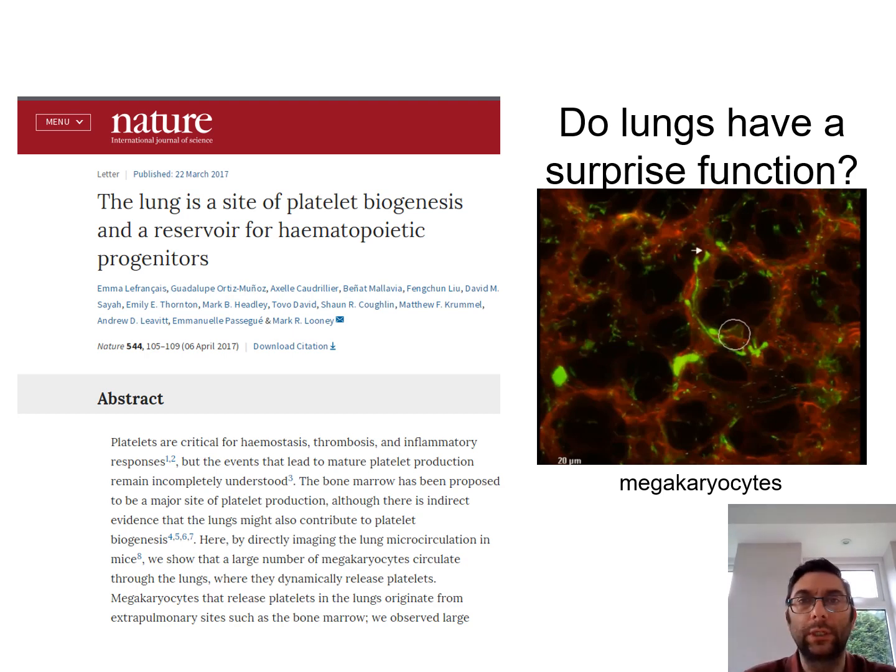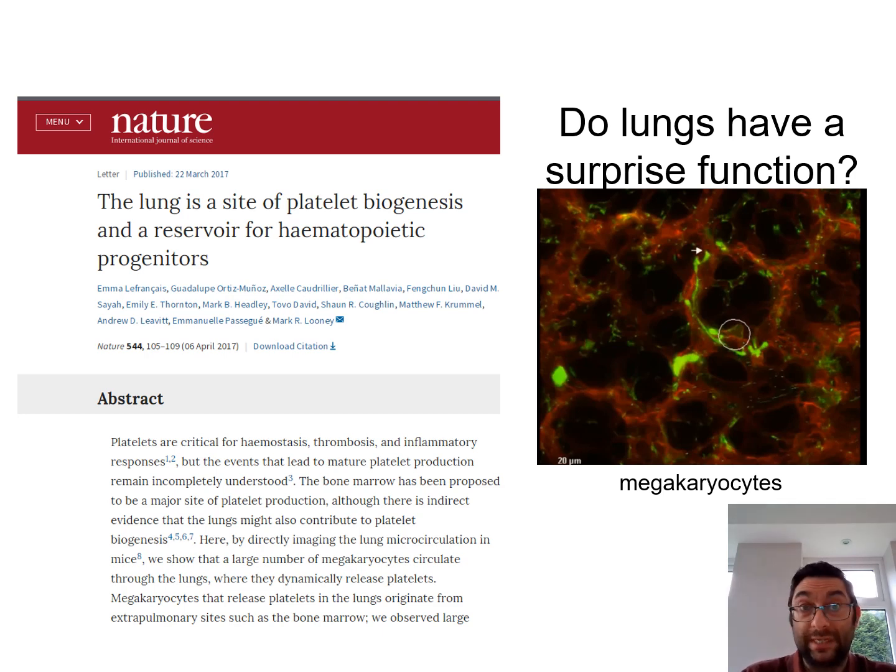And until recently, it was believed that these were predominantly produced by the bone marrow in a process called hematopoiesis. However, a 2017 study from the University of California, San Francisco, found that more than half of the megakaryocytes, so these are the cells that produce the platelets, that produce the thrombocytes, were actually produced in the lungs.